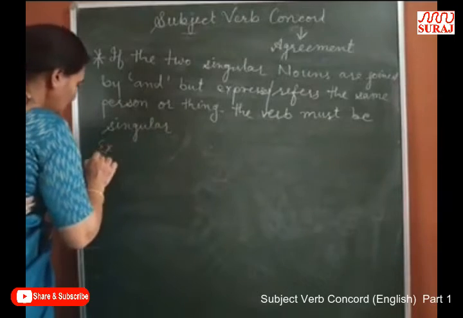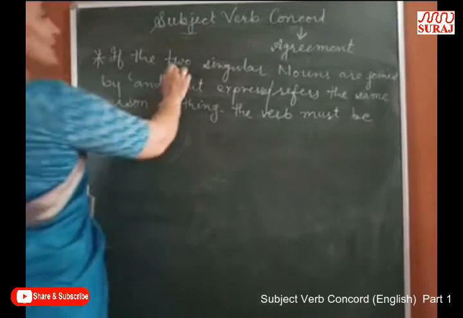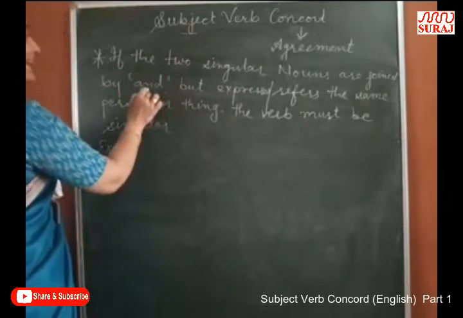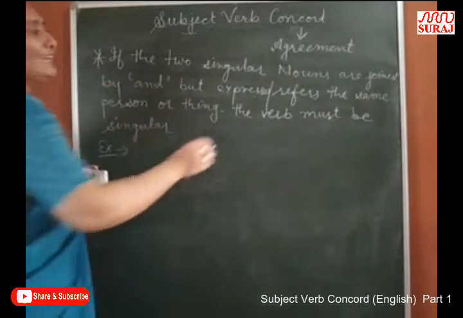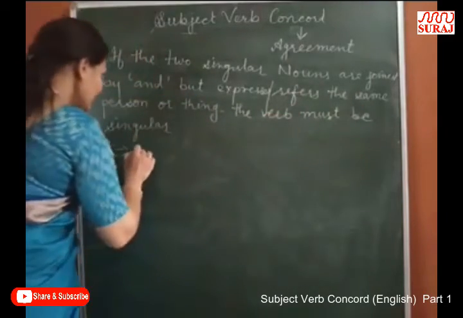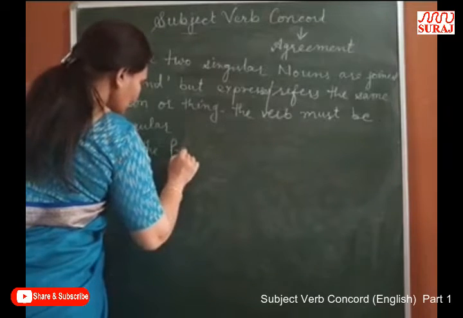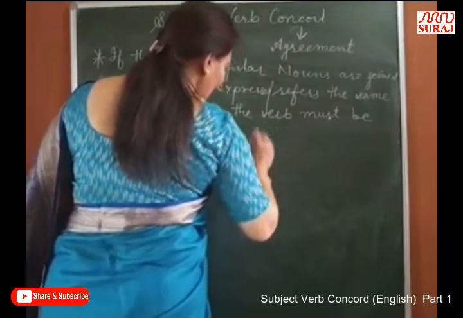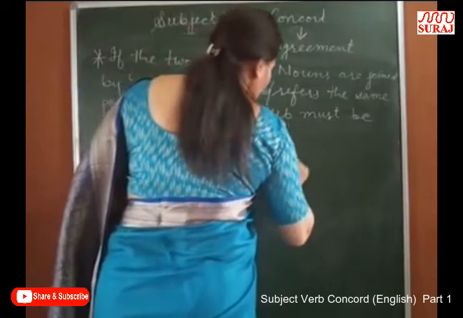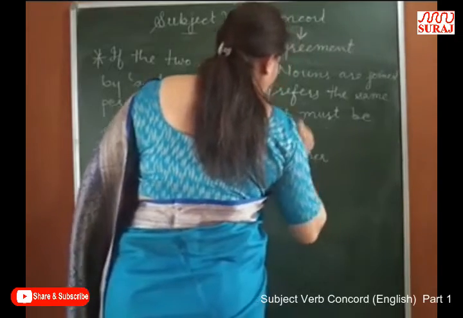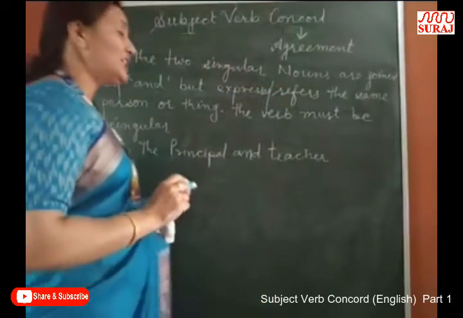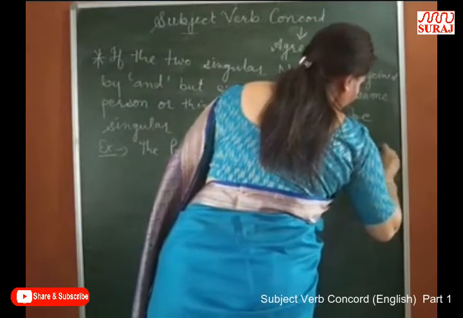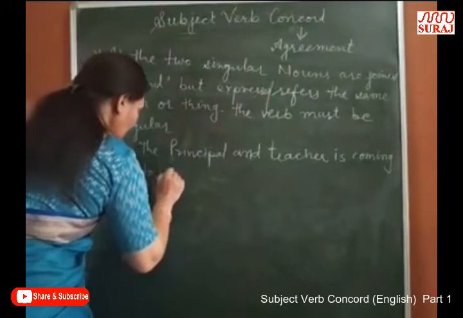Look here, I am giving you an example. When two singular nouns are joined by and and refer to the same person or thing, like the principal and teacher, the principal and teacher is coming to us.